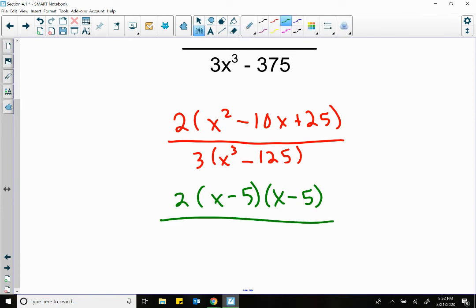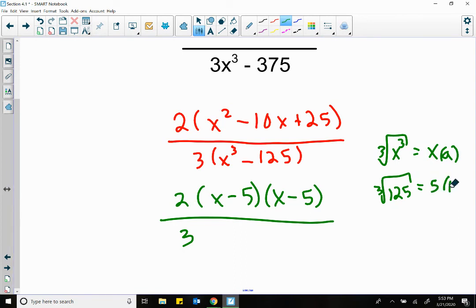Now the denominator factors because it is a cubic. And remember, when you do the cubic, you take the cube root of the first term, which is x cubed. So that's x. So that's your a. One more time I'll review factoring with you, partly because this is kind of new to many of you. And then we take the cube root of the second term, which was the 125, and that's 5.